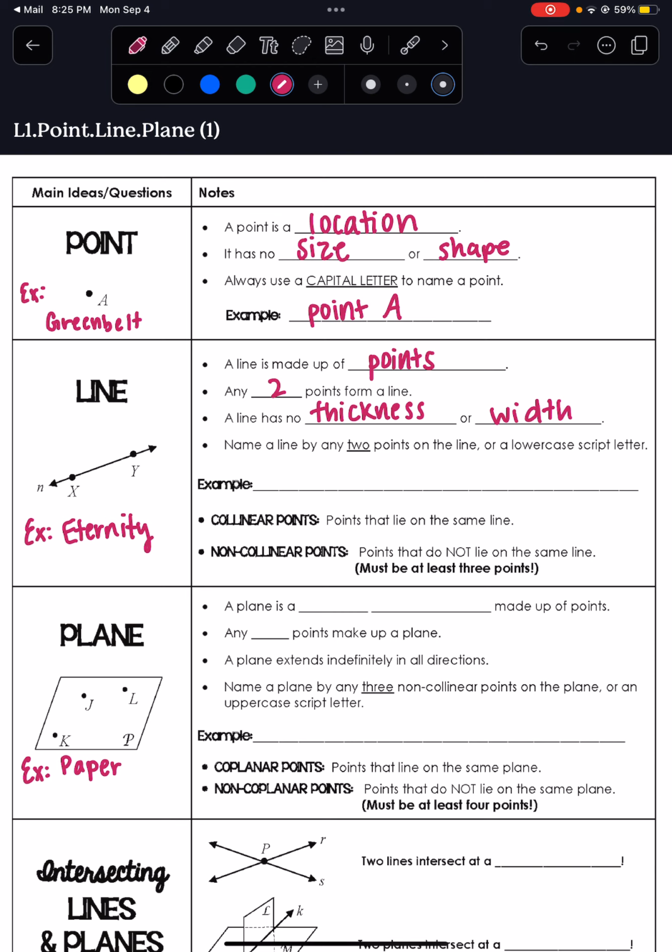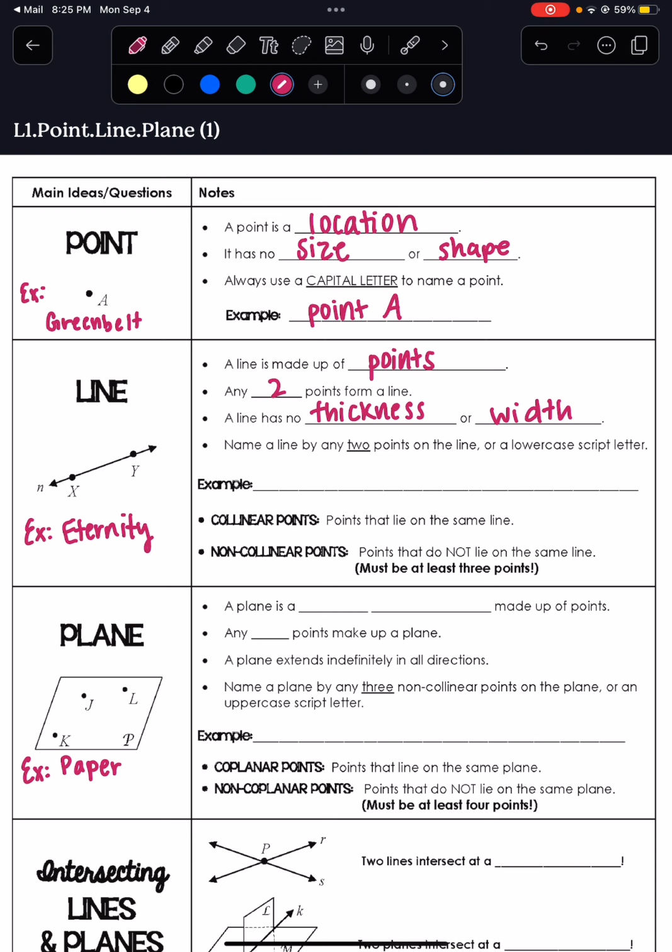Okay, and then this question is asking us to name a line by any 2 points on the line or a lowercase script letter. So with this line, the way we're going to write this is, there's actually a few ways.